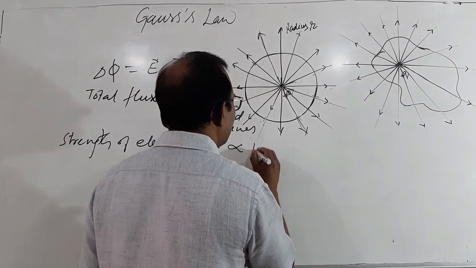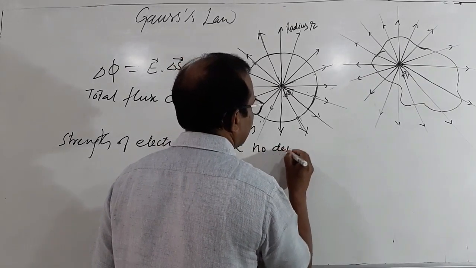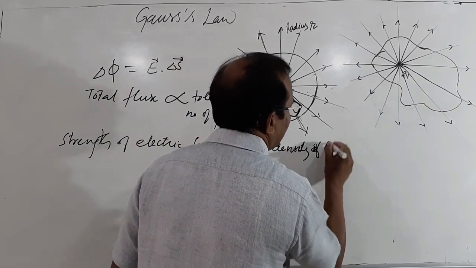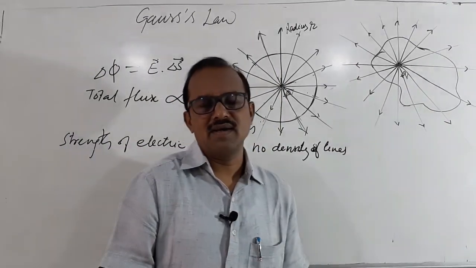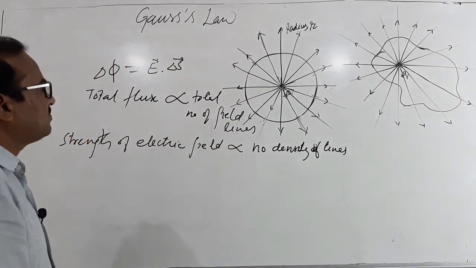So this is the number density of lines. These cases are being used again and again in the calculation of flux.